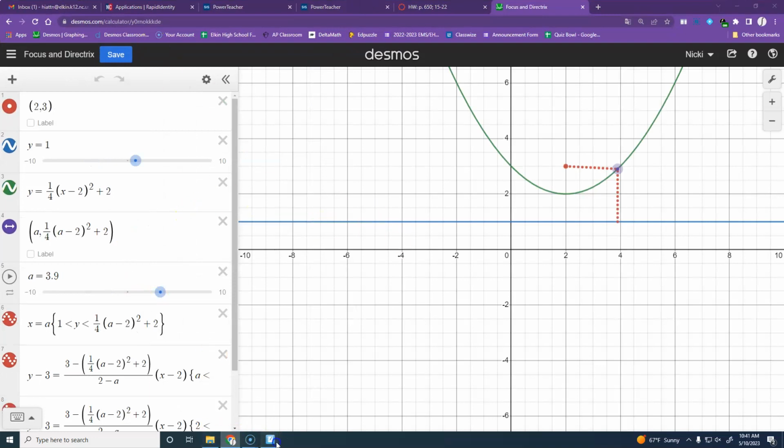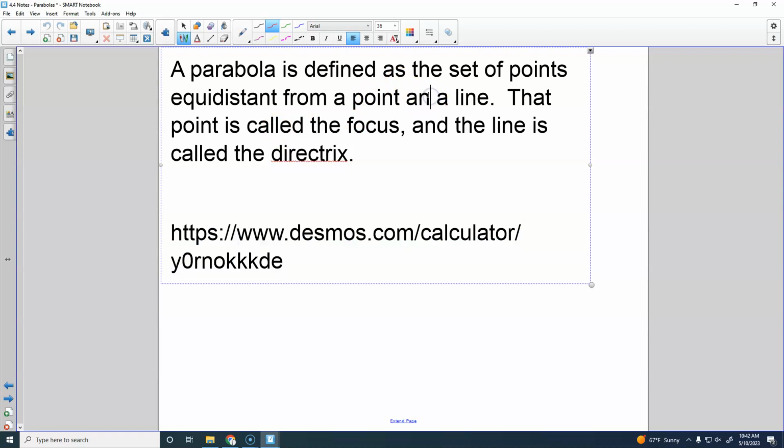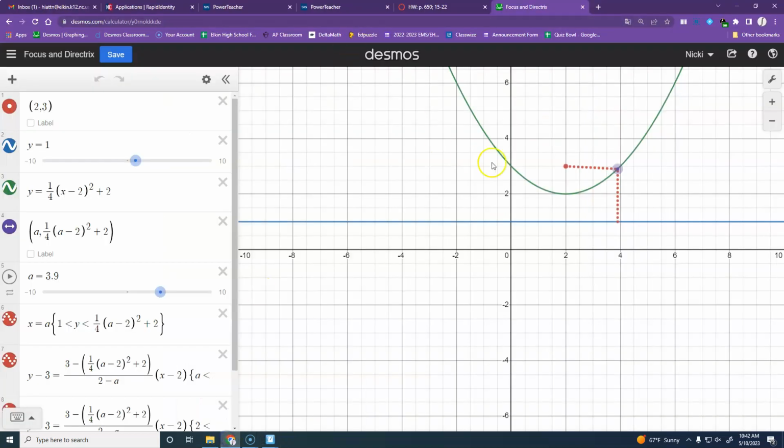So the definition of a parabola is the set of points equidistant from a point and a line. That point is called the focus, the line is called the directrix. So if you look at this Desmos graph here, this point right here is our focus, and then we have this line that is the same distance away from our vertex that's called the directrix.